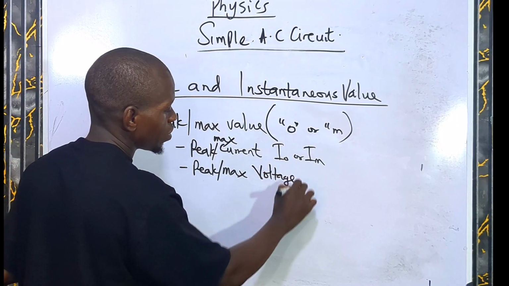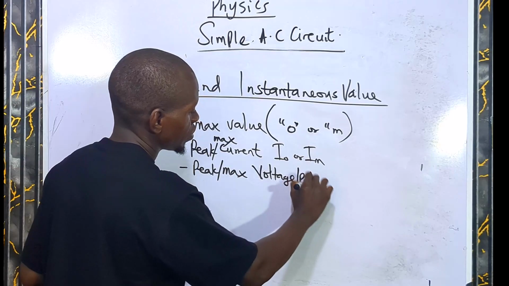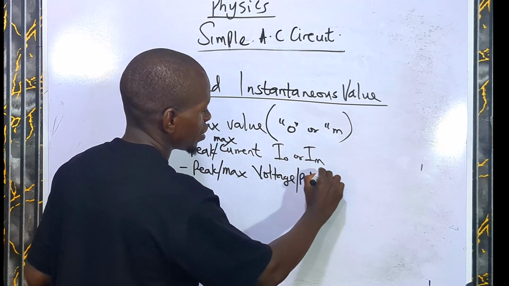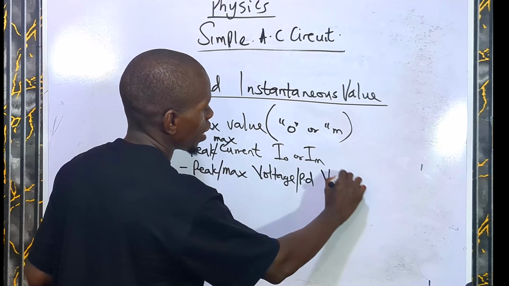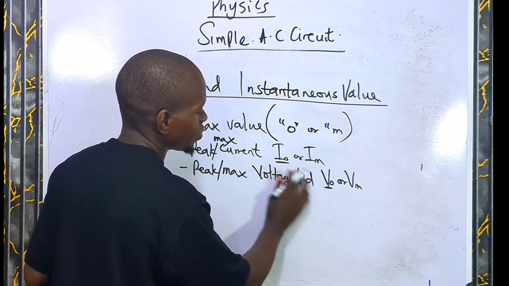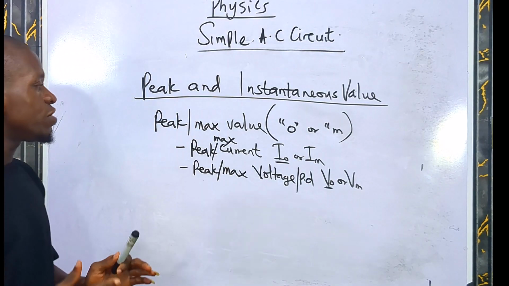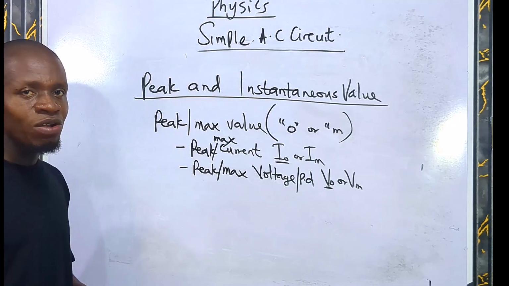Remember that if you do not call it voltage, you can also call it PD, potential difference. That one can be represented as V0 or as VM, but the most common one is V0.